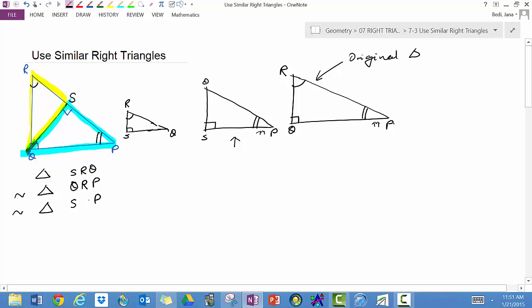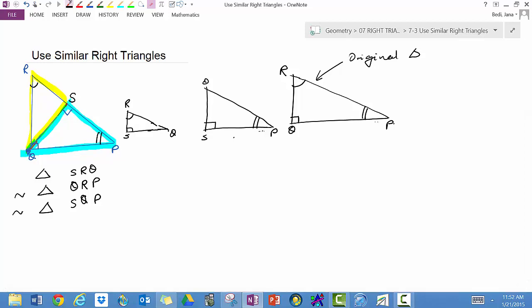And so the remaining letter is Q. Okay, so now that we have our similarity statement, I'm going to erase these because I want these later on. We can write statements of proportionality.